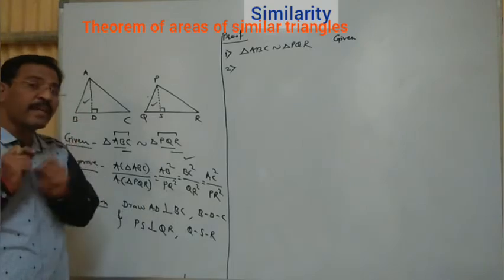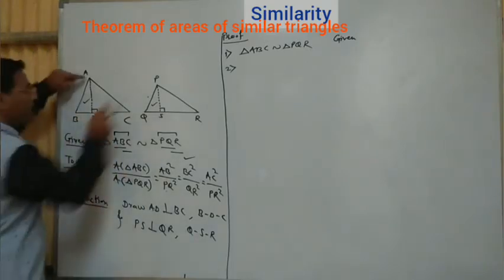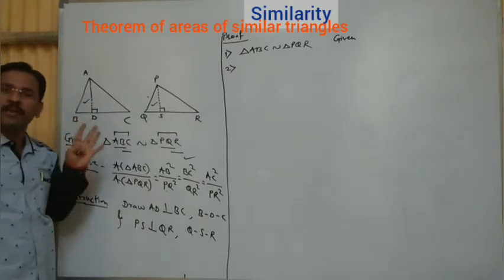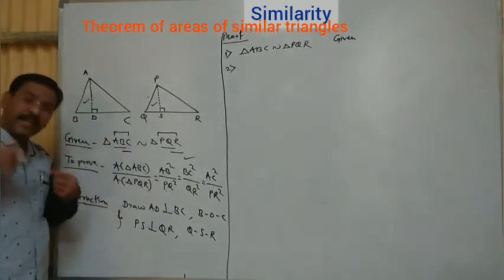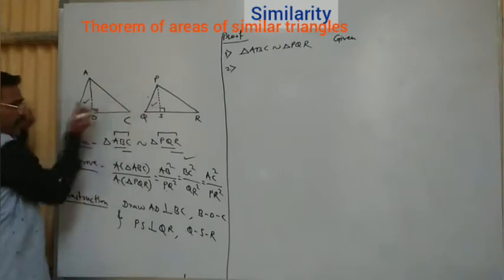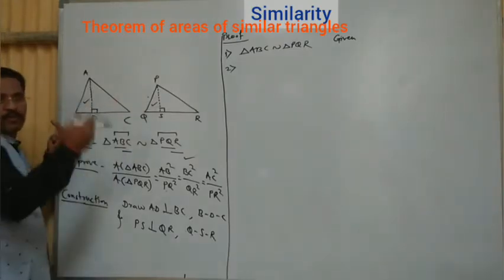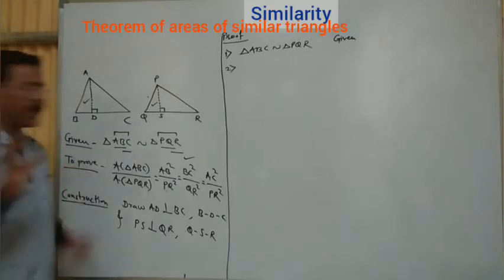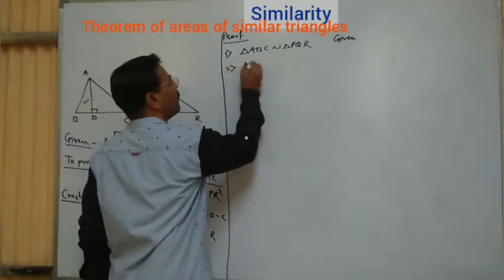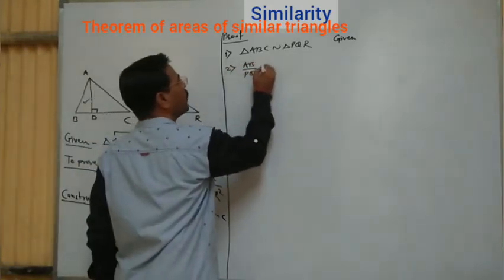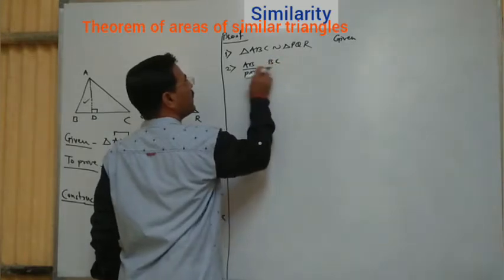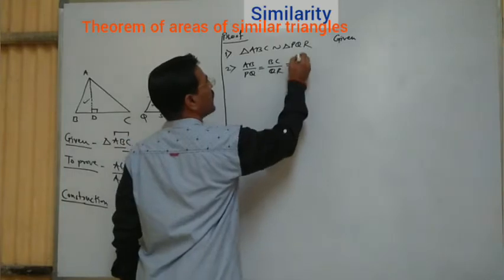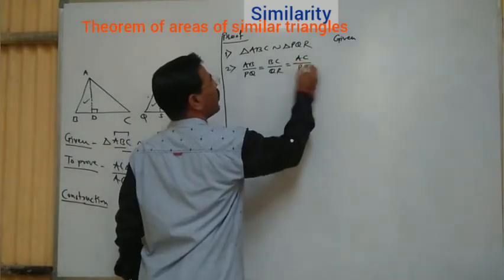So which angles can we take as congruent? A to P, B to Q, and C to R. All these three angles are congruent. But we take just what we need. We have to show the triangles similar, and for that reason I will take B and Q only. See first: AB upon PQ, BC upon QR, and AC upon PR.